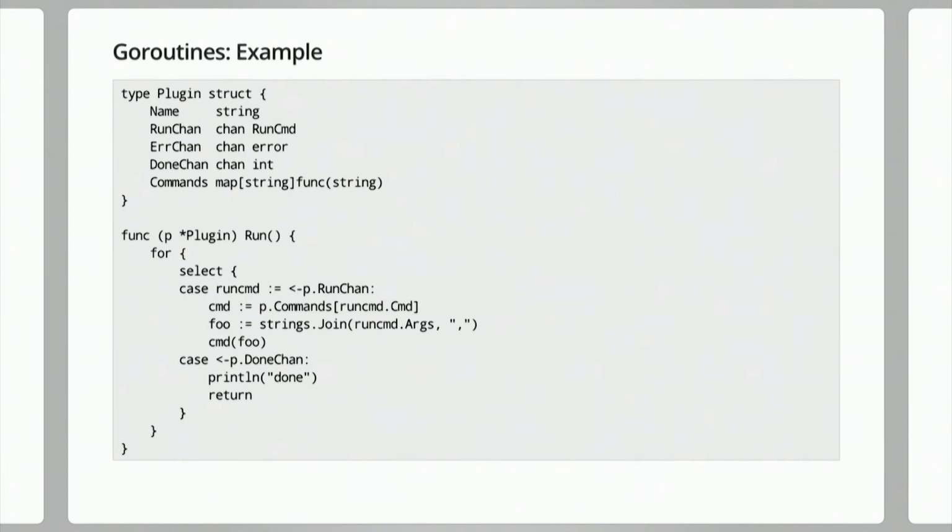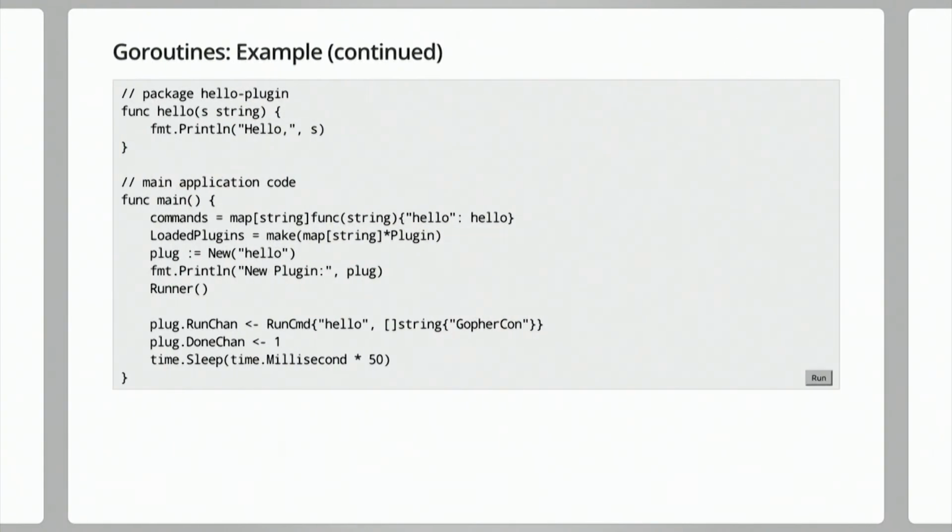So we can define a struct that has a run channel, an error channel, and a done channel, so you can close it out. Then you have your commands that are available in your plugin package defined in some kind of map or structure. And then you have a run method that receives that plugin and handles the various cases with the for-select loop.